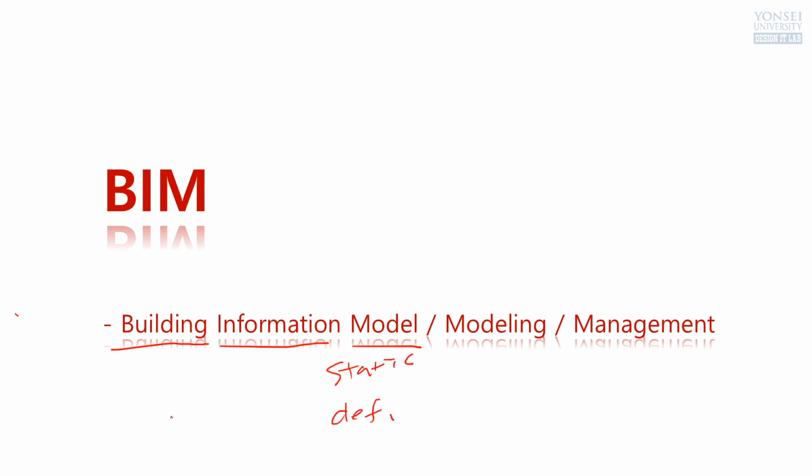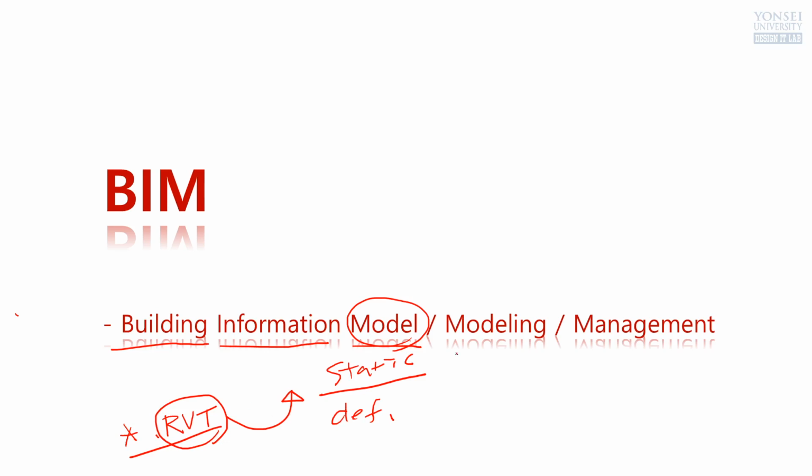What if you have a Revit file? Revit file's extension is RVT. So this could be said to be a building information model, okay? Because your Revit file currently is a static file, okay? So this is why I'm saying static definition.